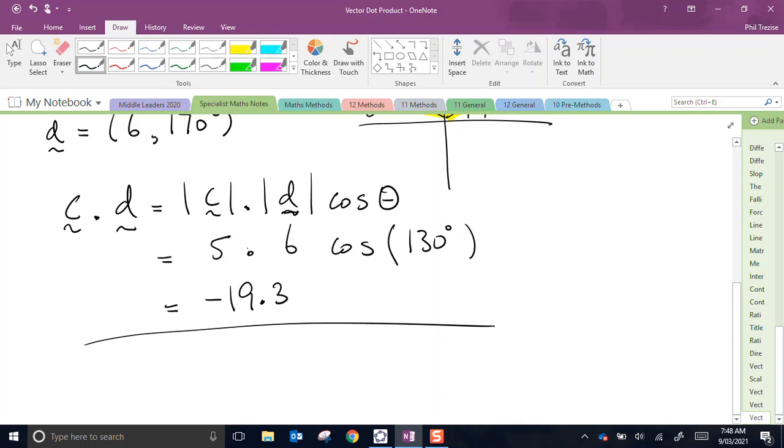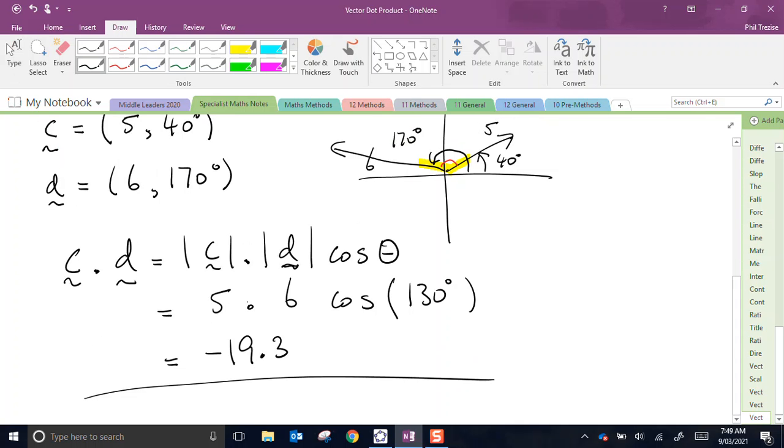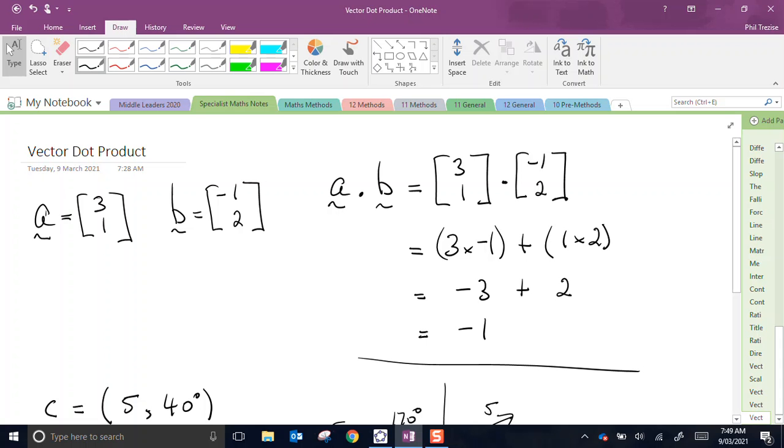So this is how we do dot products. If we have vectors in Cartesian form, like this, we multiply the x components, we multiply the y components, and we add them together to get a single number as the answer, a scalar.